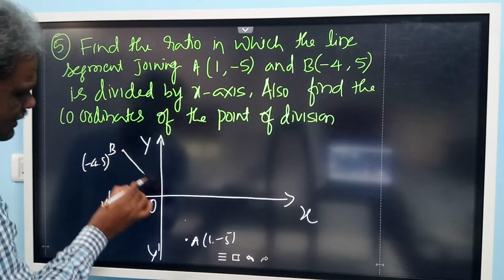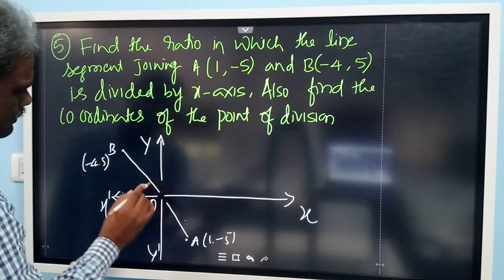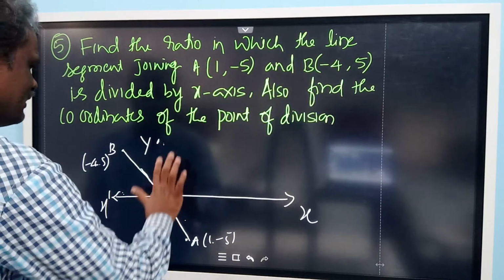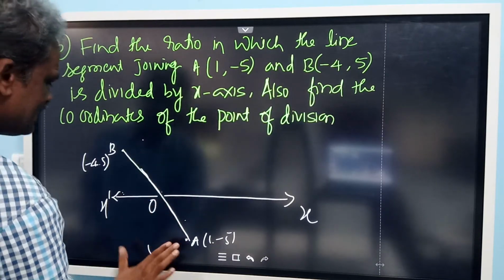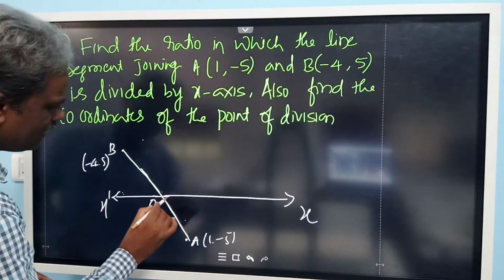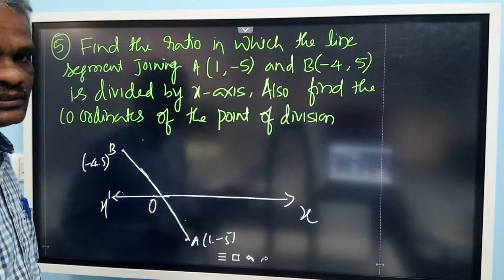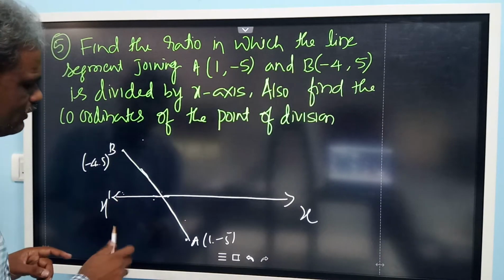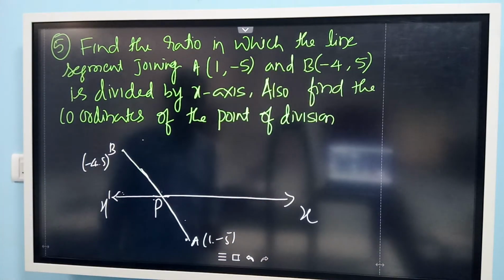If you join these by a straight line, it will intersect the x-axis somewhere, maybe not at 0. I have taken only the x-axis now, not the vertical line. Let us call the point where it intersects the x-axis P.